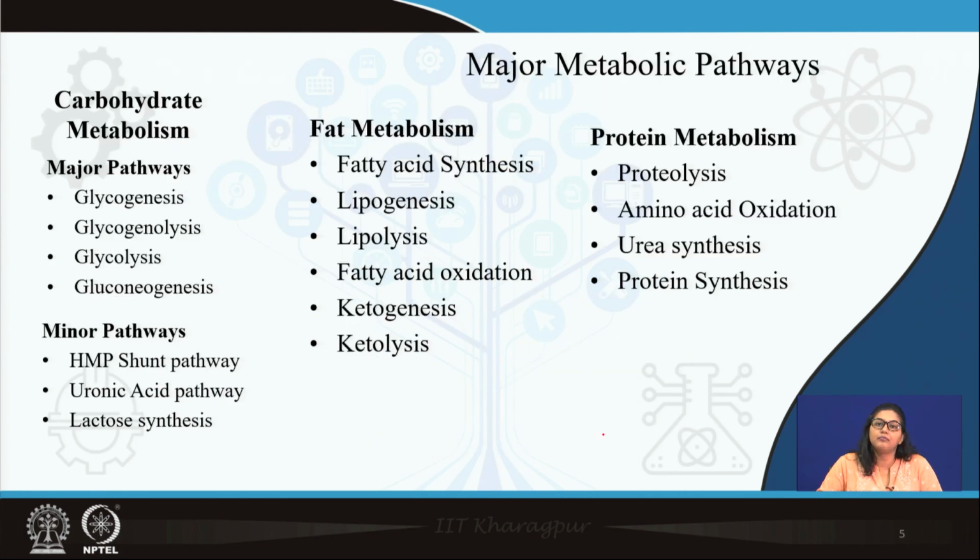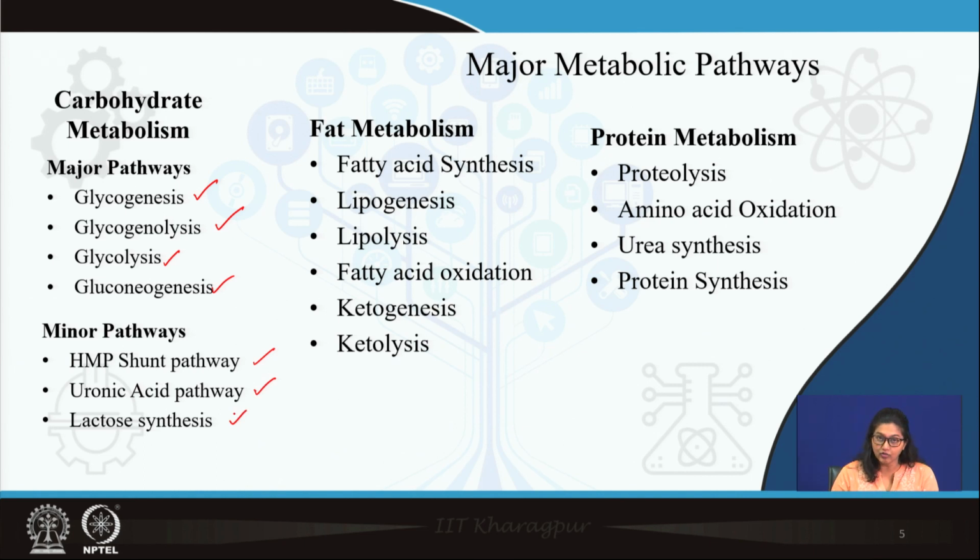So, these are the major metabolic pathways occurring in our body. Related to carbohydrate metabolism, you know, glycolysis, glycogenesis, glycogenolysis, then gluconeogenesis, minor pathways like HMP shunt, uronic acid pathway or lactose synthesis or lactose metabolism rather.